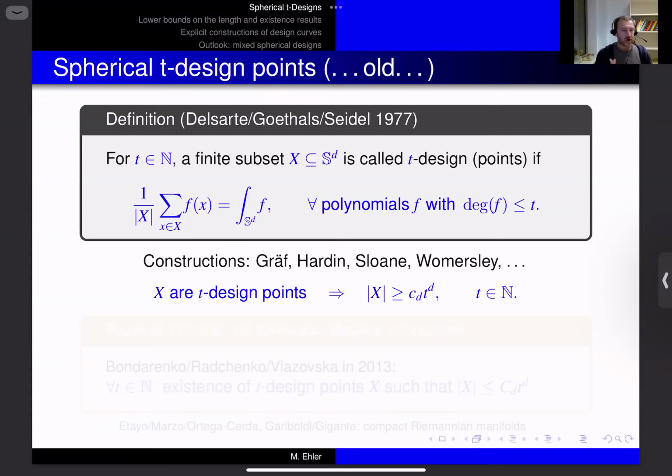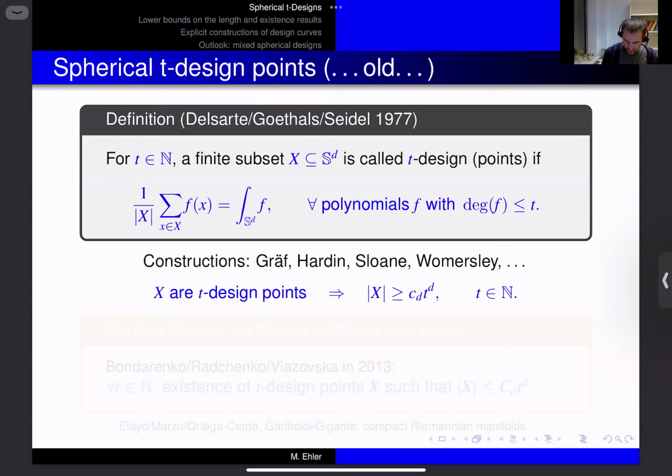And one rather elementary result in this setting is that if a finite set X are T-design points, then its cardinality is lower bounded by a constant times T to the dimension of the sphere. So if T gets bigger, you're really supposed to integrate more and more polynomials exactly. So you could argue clearly the number of points needs to increase.